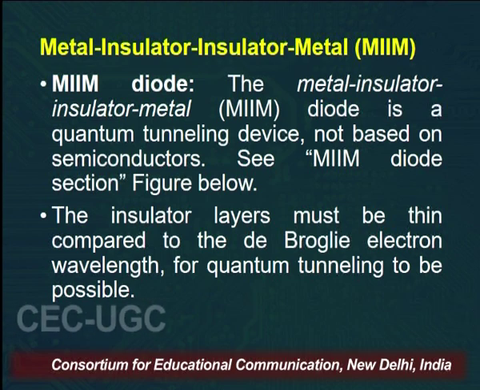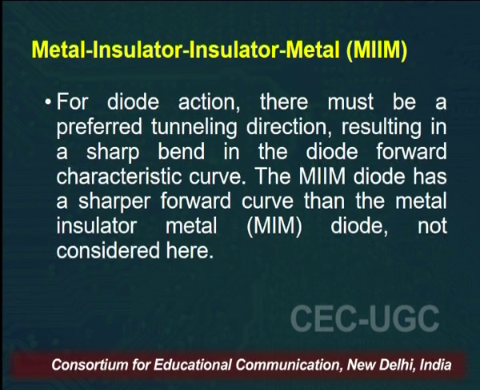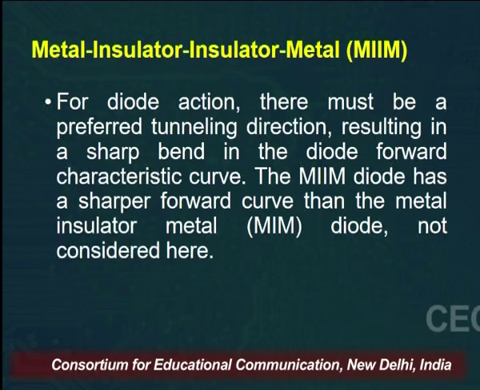So, for diode action there must be a preferred tunneling direction resulting in a sharp bend in the diode forward characteristics curve. The MIM diode has a sharper forward curve than the metal insulator metal diode.